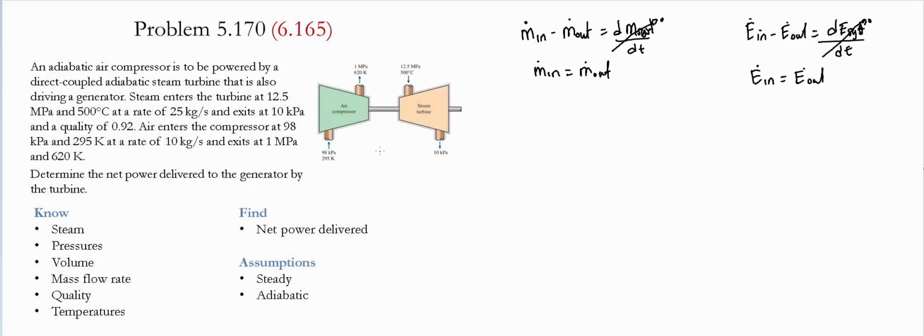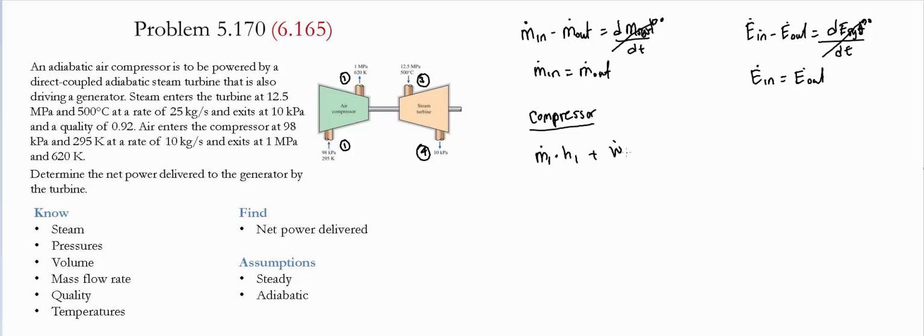Let's just start with the compressor. To be consistent with the notation, we're going to label these as 1, 2, 3, and 4. The energy going in is the mass flow rate at 1 times the enthalpy at 1, plus the power that is provided from the turbine to run the compressor.